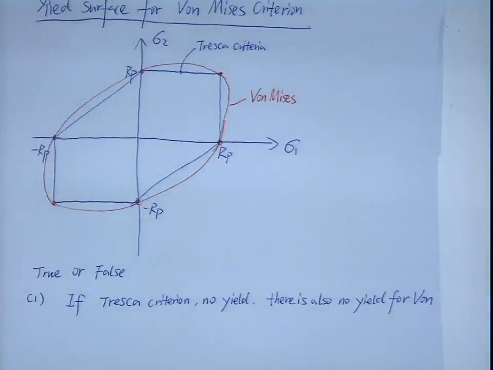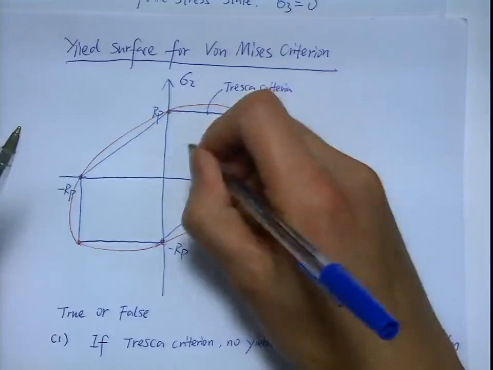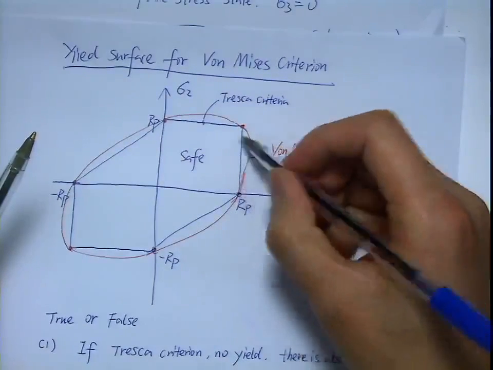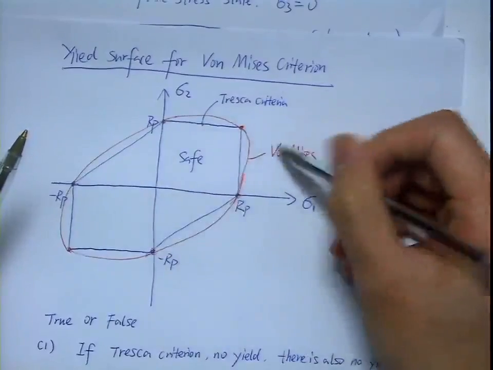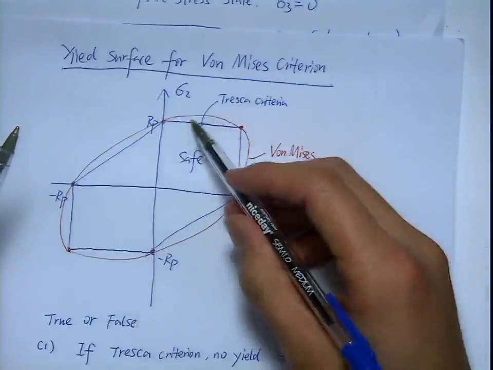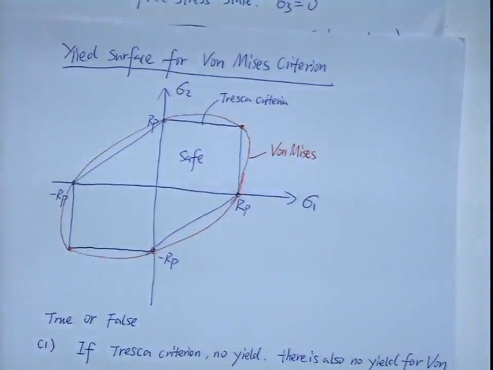True or false? True, yeah. If you look at that, any area inside this box is safe. So look at the boundary. Basically, Von Mises is a smoother version of Tresca, and it has some extra area that allows the material to be in a safe region.